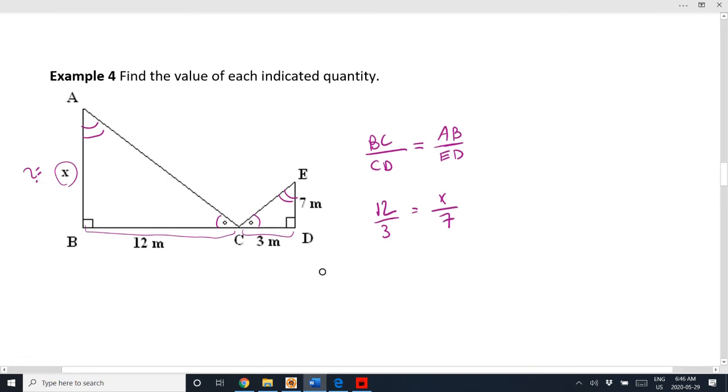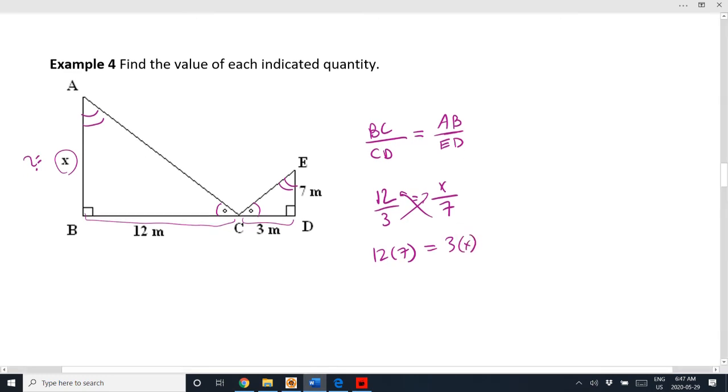So for this question here, we can implement the same thing that we did last time and multiply the denominators to each side here to solve. So 12 times 7 is equal to 3 times x. And if we did that, 12 times 7 is 84, is equal to 3 times x, which is 3x.